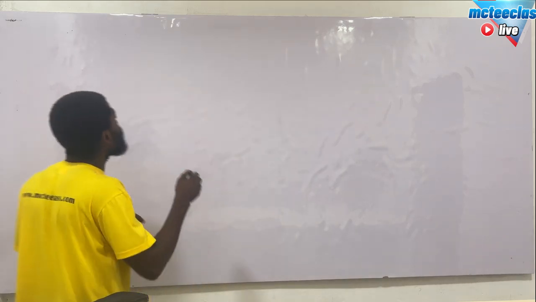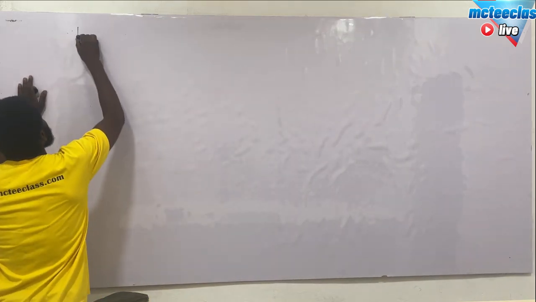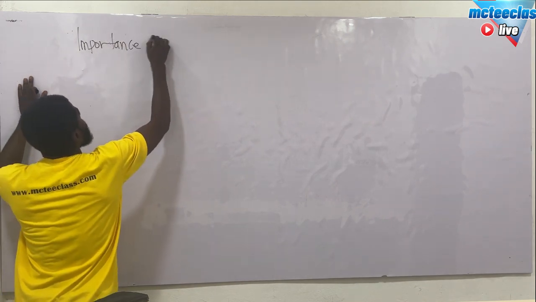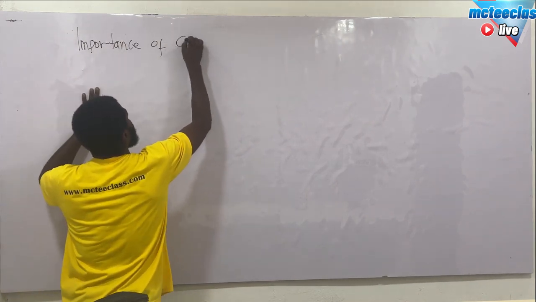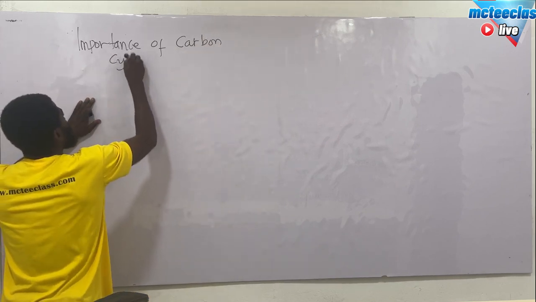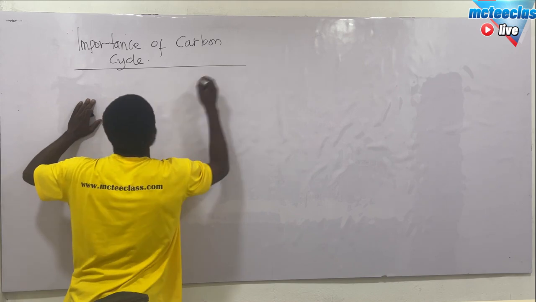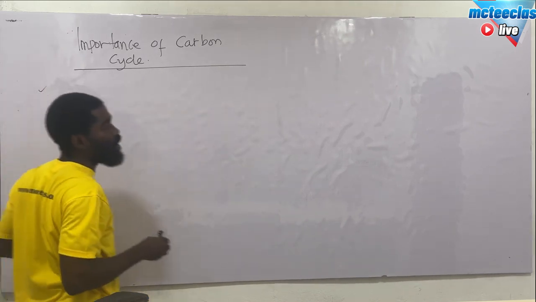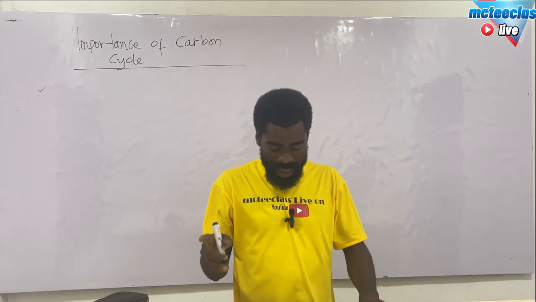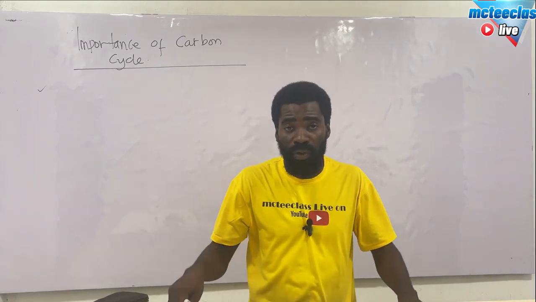So, importance of the carbon cycle. One important thing is that it releases carbon dioxide into the atmosphere, which helps plants manufacture their own food.